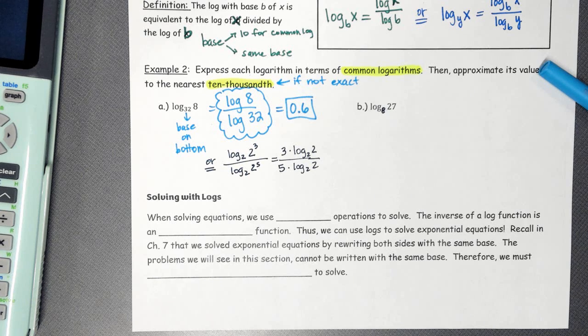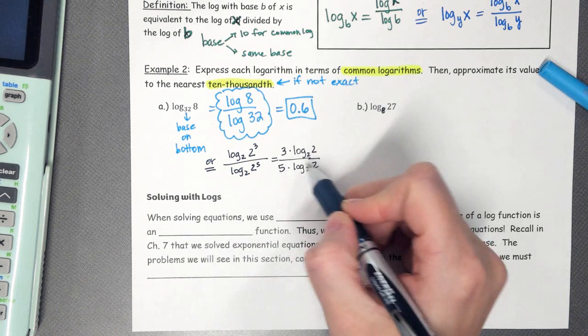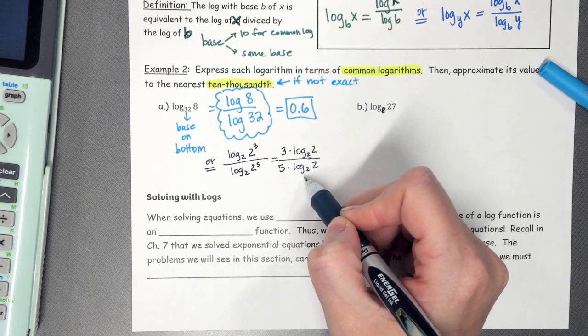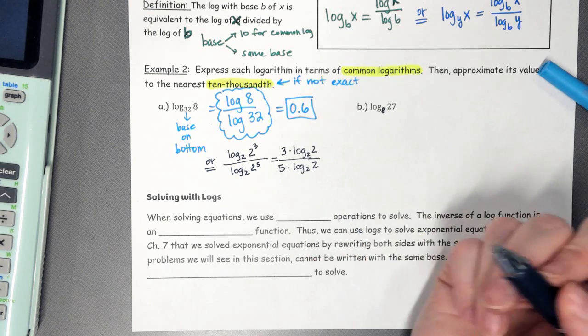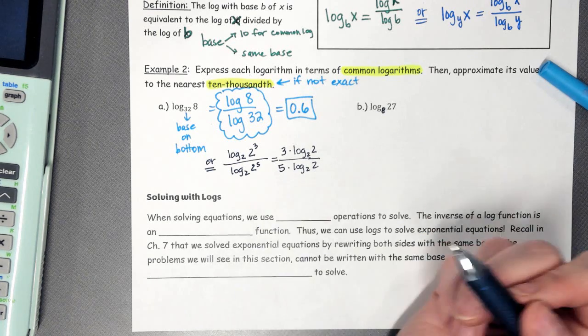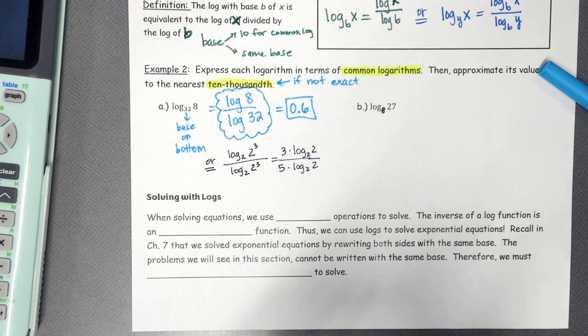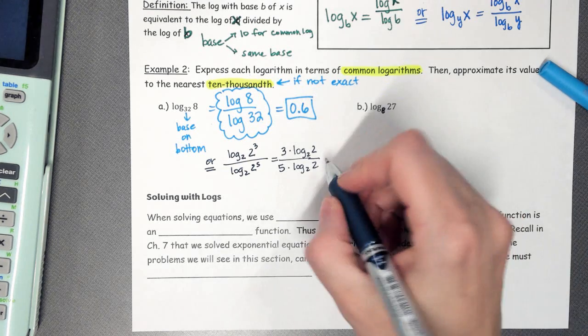Yeah, why would it be that, Charlie? Oh, were you guys thinking these are the same? Yeah, these are the same, so you could divide them out. But what else could you do? What's log base 2 of 2? Log base 2 of 2 is 1. Yeah, they would cancel. They would divide out, so you could do it either way.